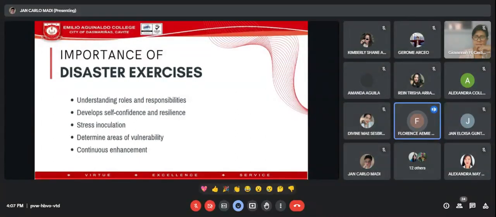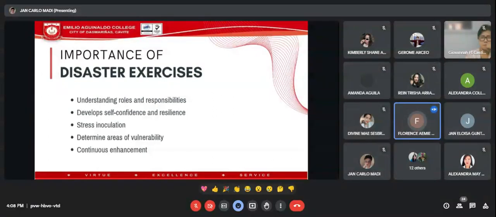Next dito is yung it also develops self-confidence and resilience since participation sa mga disaster exercises contributes doon sa self-confidence among individuals, since mas napapractice nila and mas nare-refine nila yung emergency response skills nila, mas nakaka-gain sila ng assurance doon sa abilidad nila para mag-handle ng mga challenging situations since yun nga as mentioned earlier, kasama sa mga exercises yung parang role-playing or simulations.